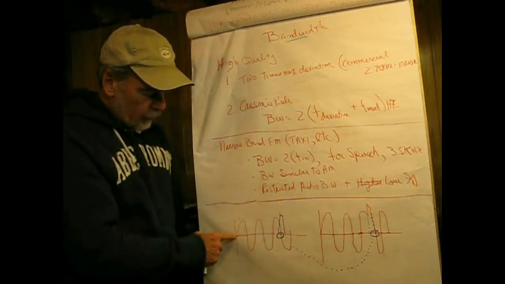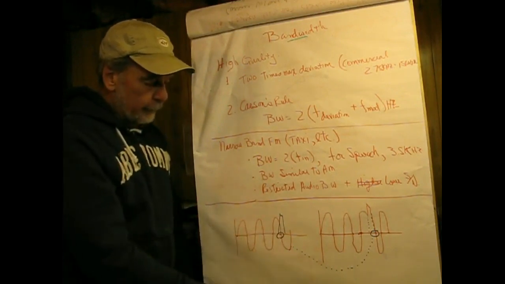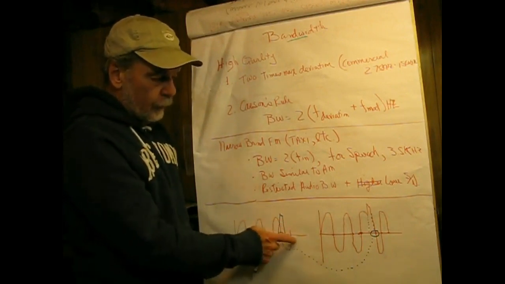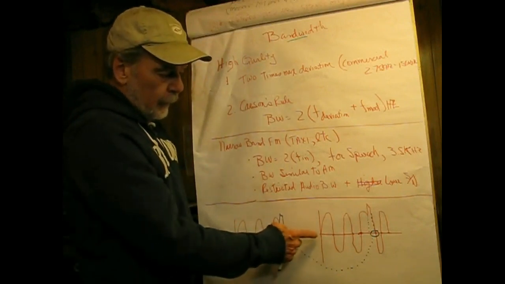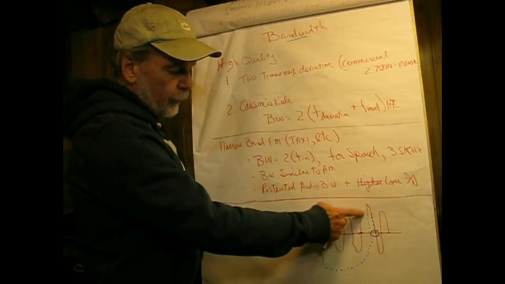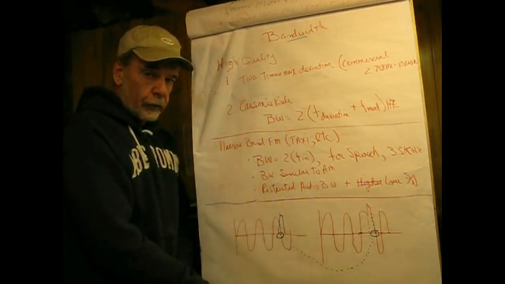I've put red dots where the carrier crosses the zero line. And then over here I've superimposed the noise on top of the carrier signal. What we see is that when the noise occurs, the amplitude of the carrier, in the receiver, increases.